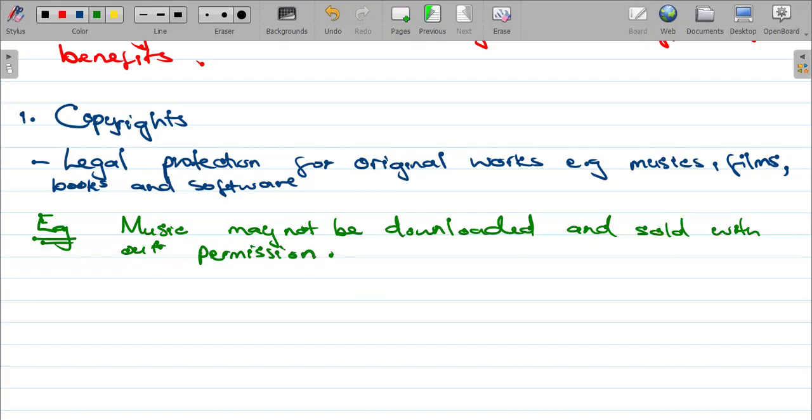So the creator has to put a copyright on his products. Right.